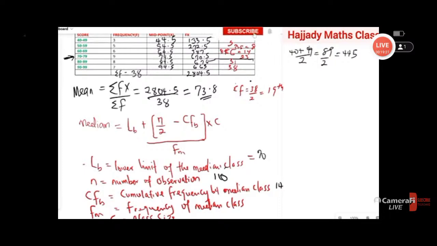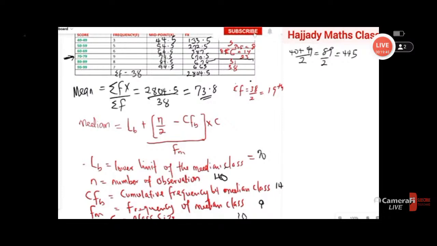Since this is the median class, the frequency of the median class is 9, while our class size is 10.